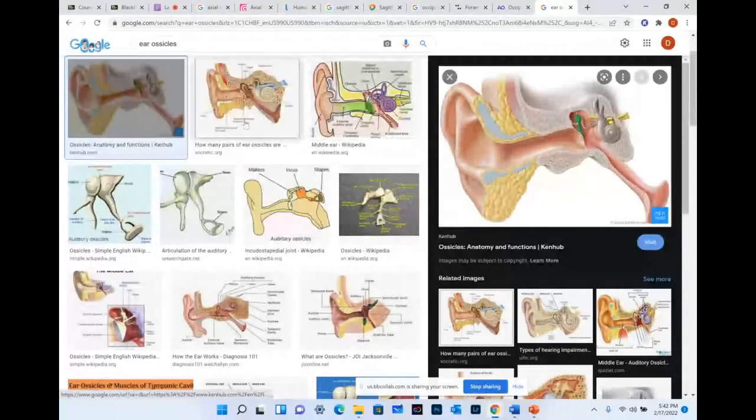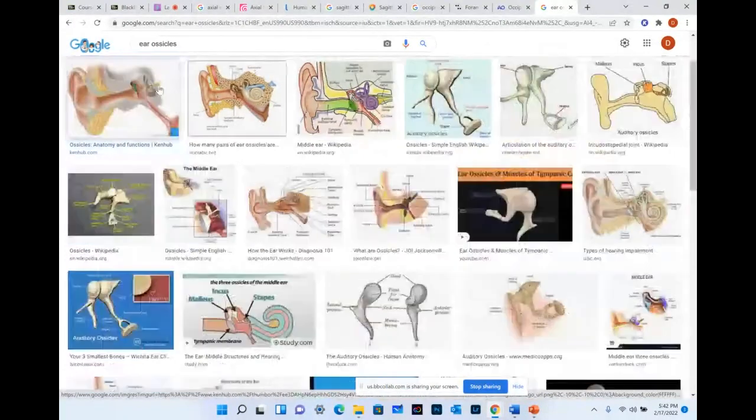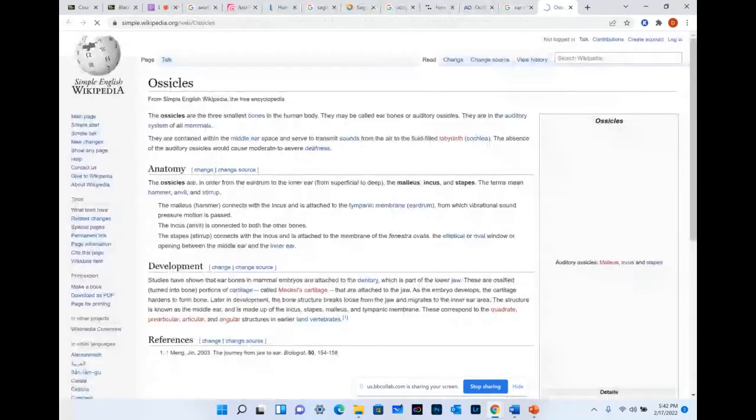So what are ear ossicles? You see right here, these are ear ossicles. And how are they attached? So let me show you.